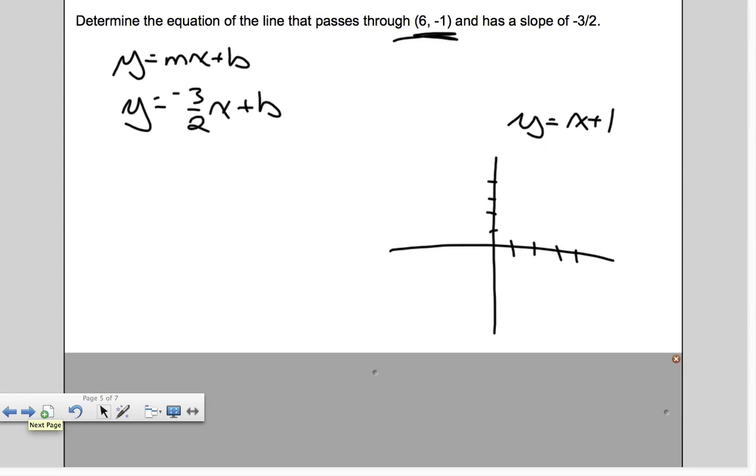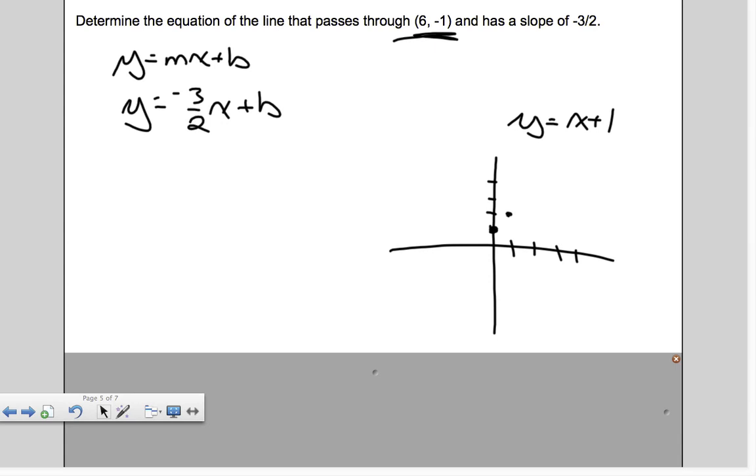Plus 1, so 1. So that would be that point. If x is 1, what is y? 1 plus 1 equals 2, right?